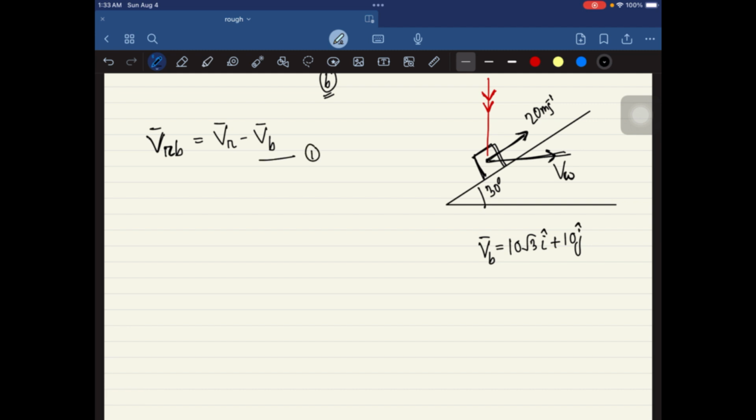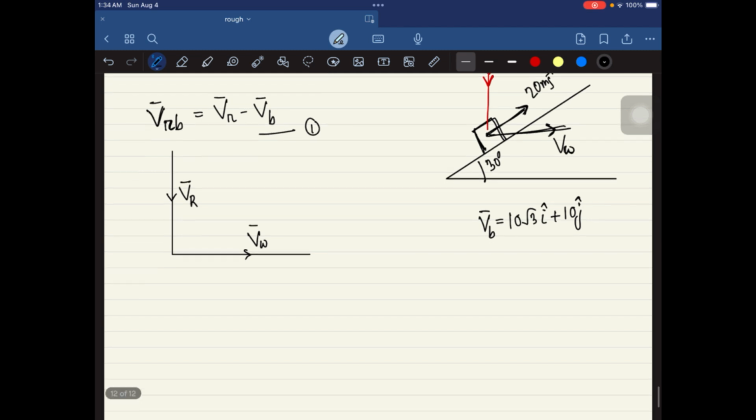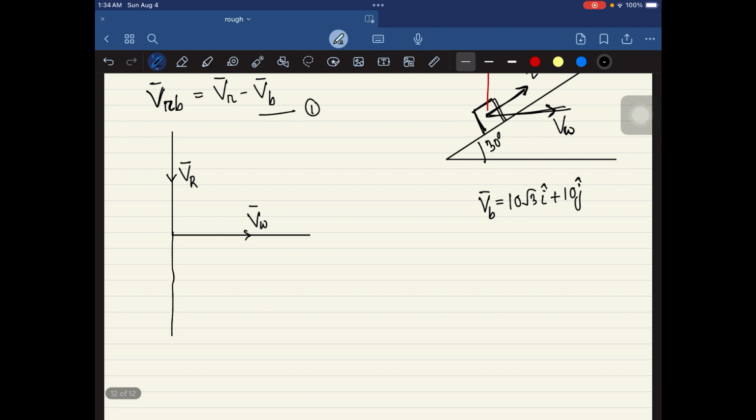So if the rain is moving downward and the wind is blowing in this horizontal direction, VW, and V rain, I would say capital R. We need to distinguish this small r, VR, from capital R. So if we extend this, then VR would be in this direction, and the resultant velocity will be in this direction.